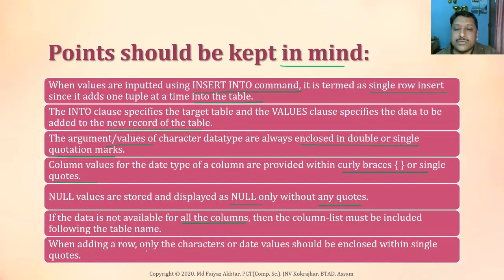When adding a row, only the character or date values should be enclosed within single quotation marks. Okay, date and character type data. Name, like the character type data or the date, only it should be enclosed within quotation marks. Okay, no numbers should be enclosed within quotation marks. Okay, this is to be kept in mind.